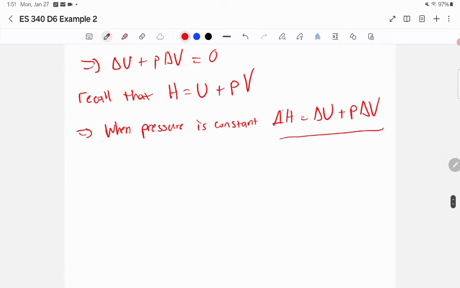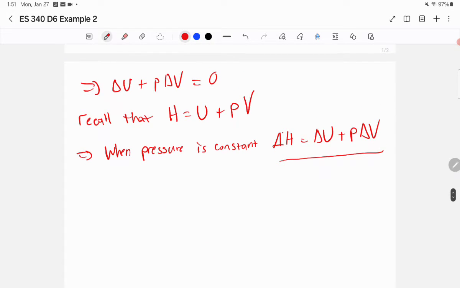So if delta U plus P delta V is equal to 0, and delta H is equal to this, that means that delta H must be equal to 0.